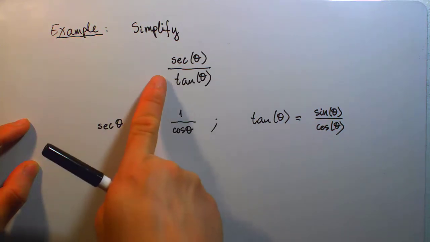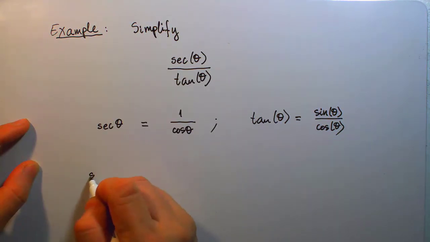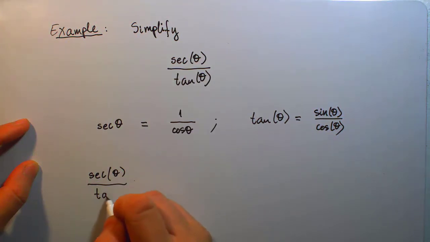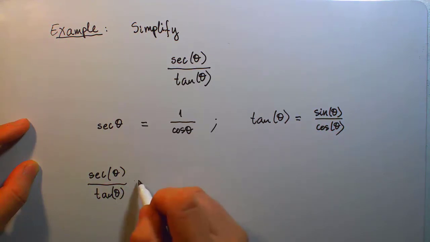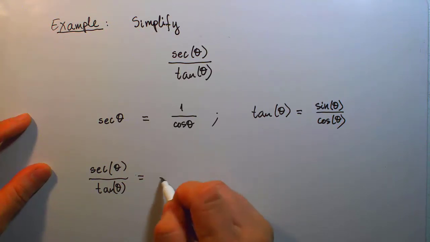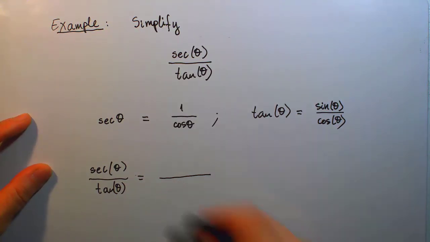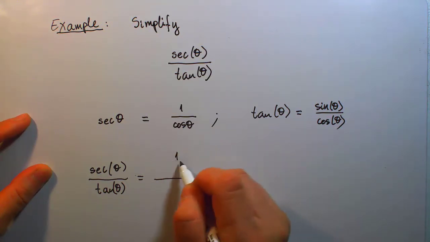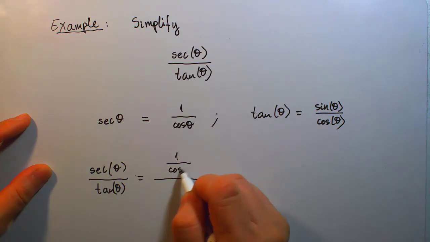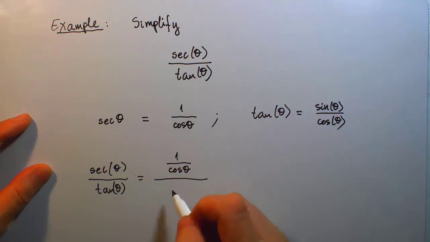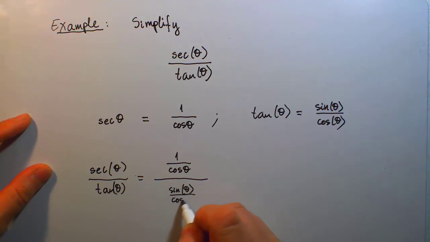And therefore, this overall expression from the start, secant of theta over tangent of theta, we can rewrite as, first in the numerator, one over cosine theta, and then that fraction is being divided by sine theta over cosine theta.